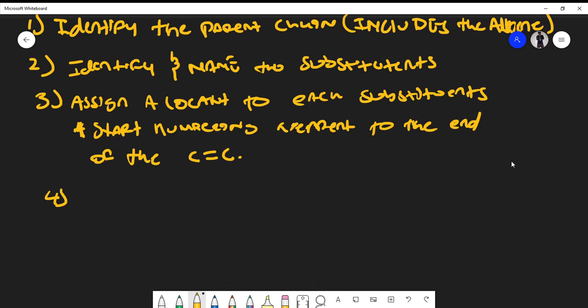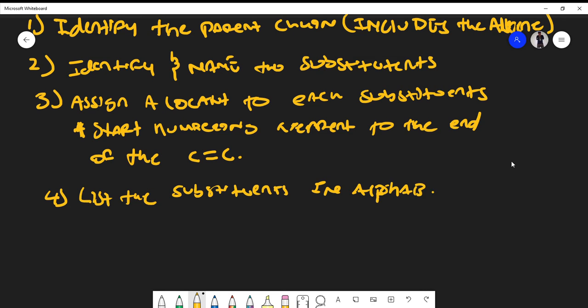The fourth thing we want to do is list the substituents in alphabetical order.